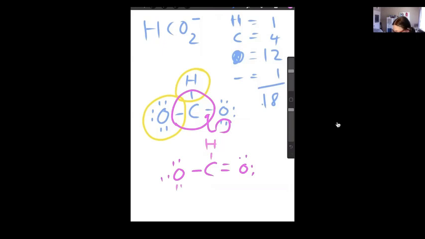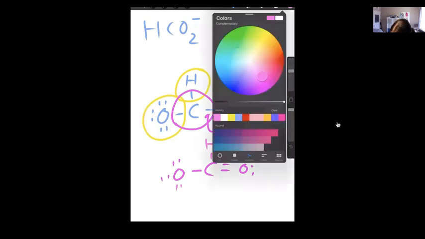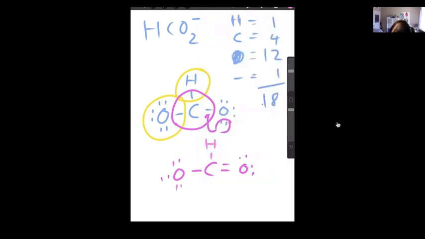I happen to pick the oxygen on the right to make the double bond. I could have picked the oxygen on the left to make the double bond. So it could have been this. It could have been single over here and double over here.